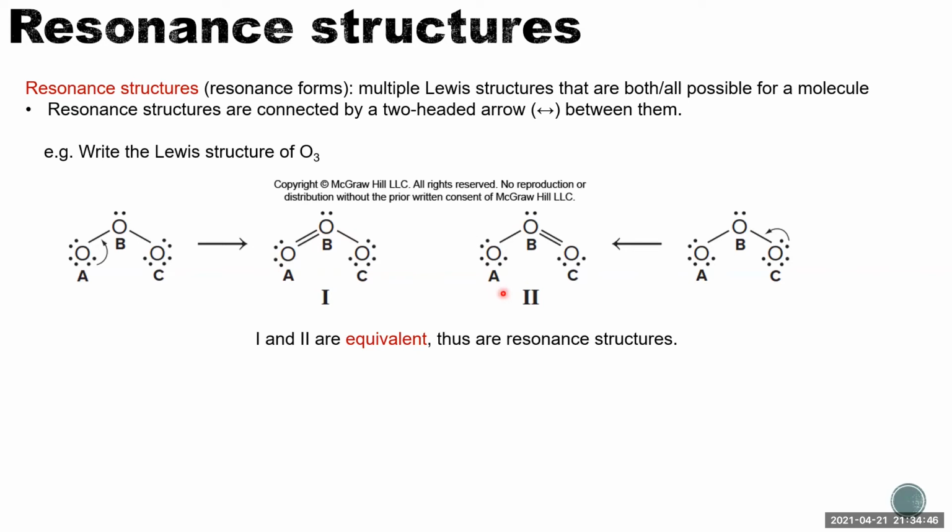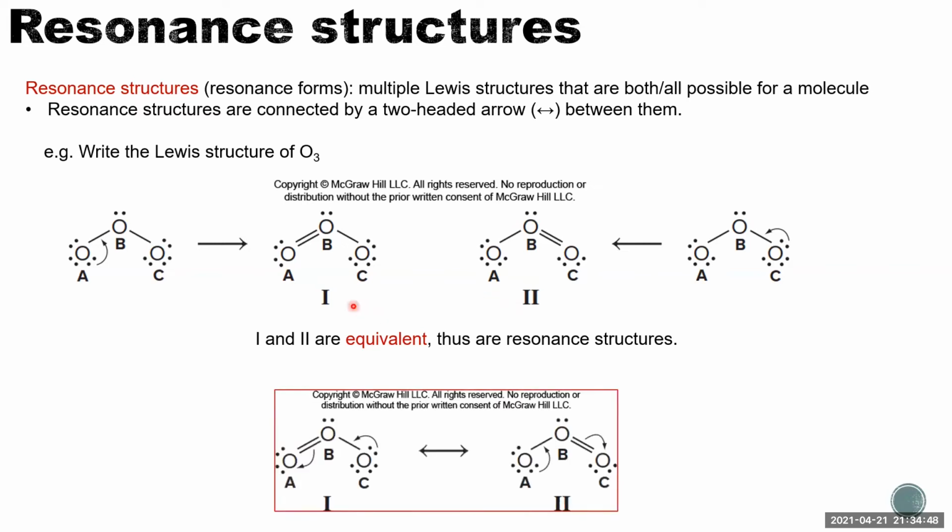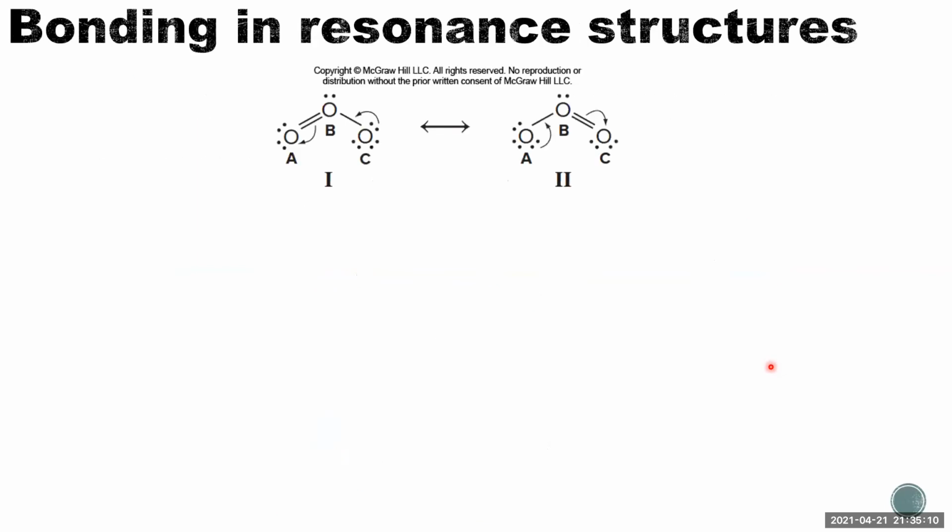Okay, so when we refer to the resonance structure, we can write the structures 1 and 2 together with a two-headed arrow between them. We also like to talk about bonding in resonance structures.